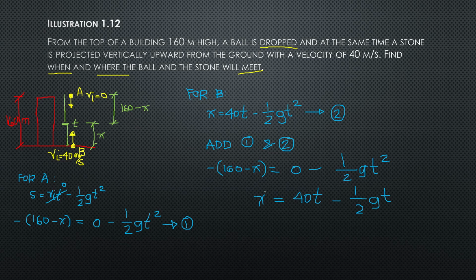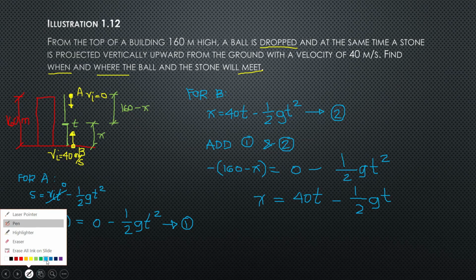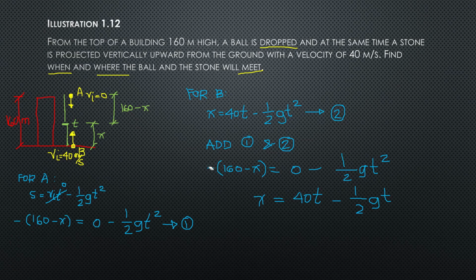So we can say that on equation 1, since this is negative and that is negative, you can divide both sides by negative 1. So this can be eliminated already. This one will become positive.